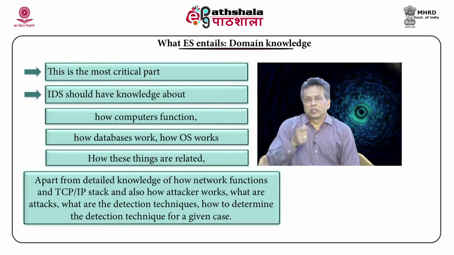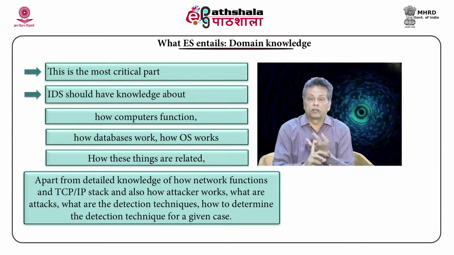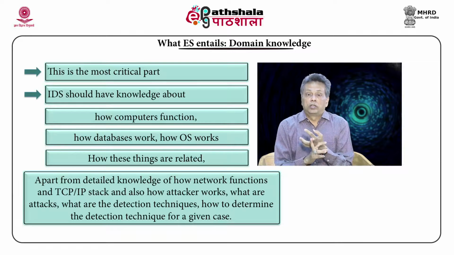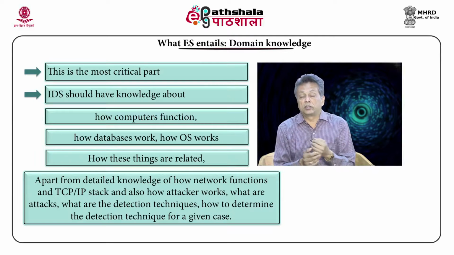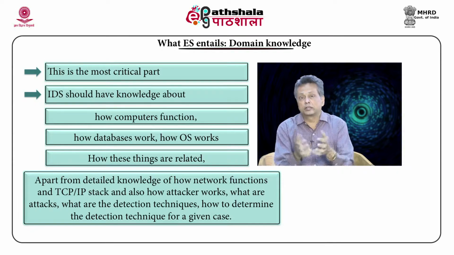The intrusion detection expert or security expert, who looks at the flow of packets and determines whether a packet is malicious or not, requires a lot of knowledge about many things: how operating systems work, how the TCP/IP protocol works, what kinds of attacks you have, what the implications of those attacks are, how attackers do things, the sequence of things that they work on, and so on and so forth. There are a lot of things that he has to know.